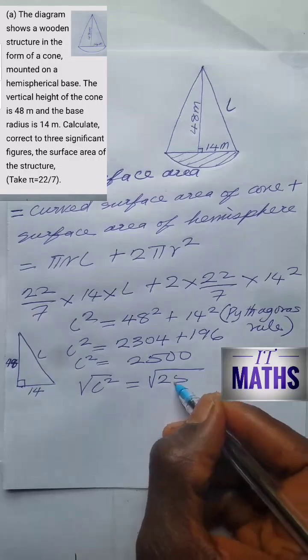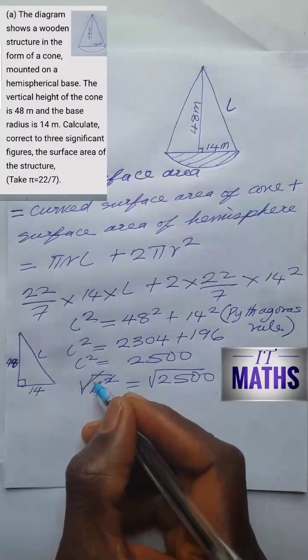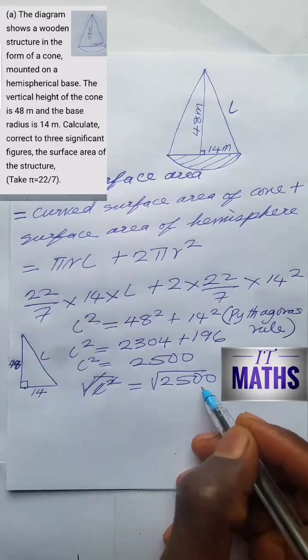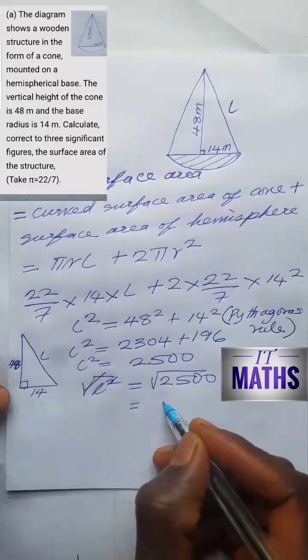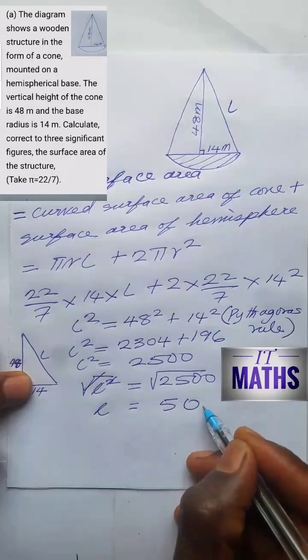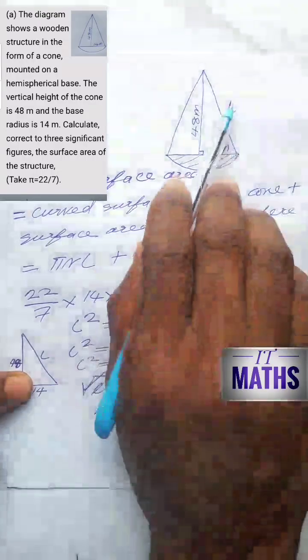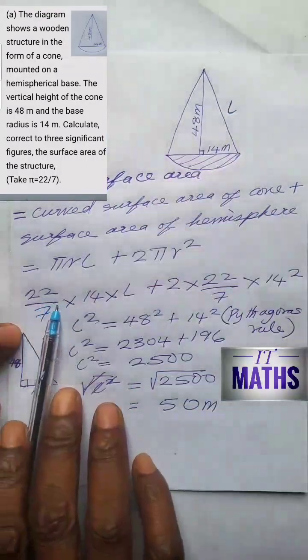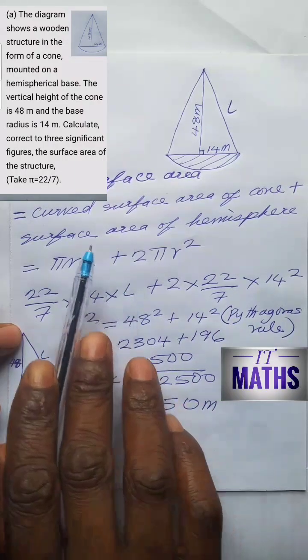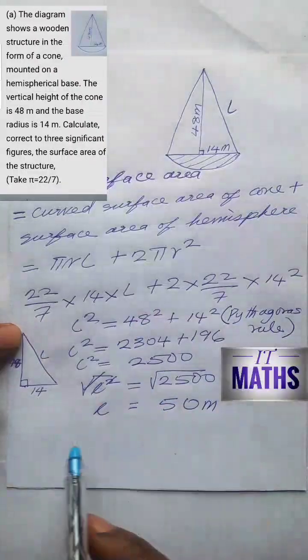The square root always cancels the square. What's the square root of 2500? That is 50. So L is equal to 50 meters. We can now go ahead and put it here, and then get our total surface area. So let's go ahead and do that.